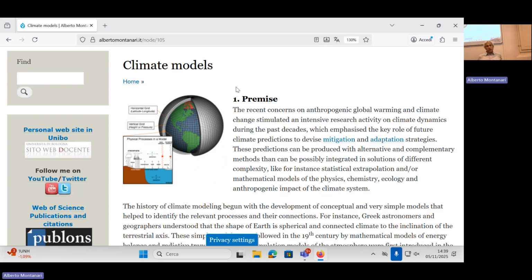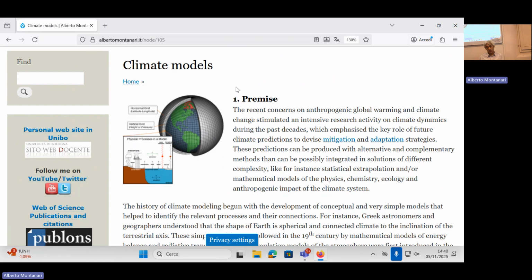Second consideration, you may have noticed that I am using two terms to define a model. I use the term climate model and the term Earth system model. Actually, these two terms are not synonyms. The Earth system models are considered to be the last generation of climate models.